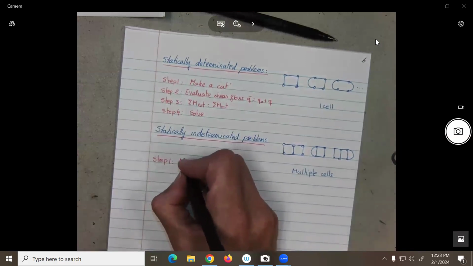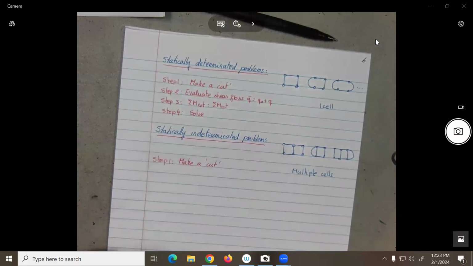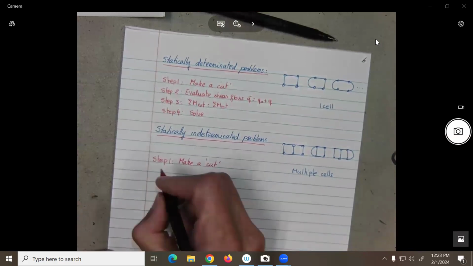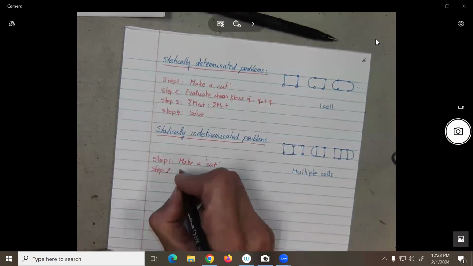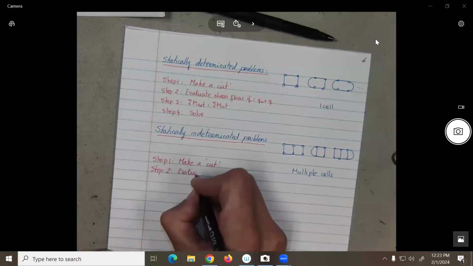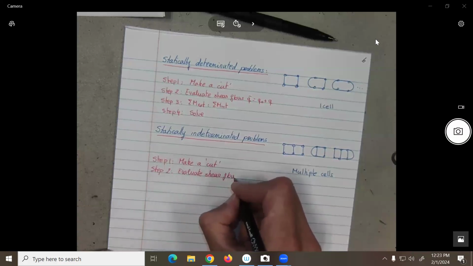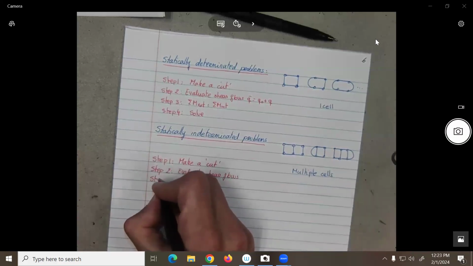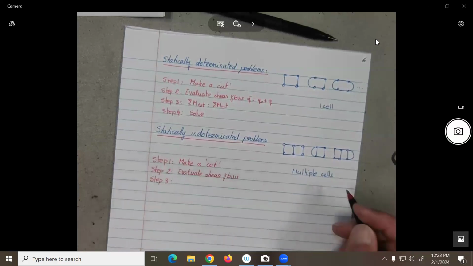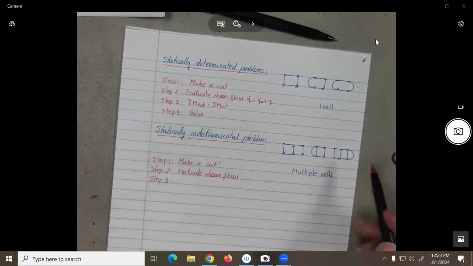I'm sure step 1 was make a cut. Now, step 2 was the same: evaluate shear flows. Now, I think the other day, obviously it's not a mistake, but maybe my logical step 3 should have been to equate external moment to internal moments.